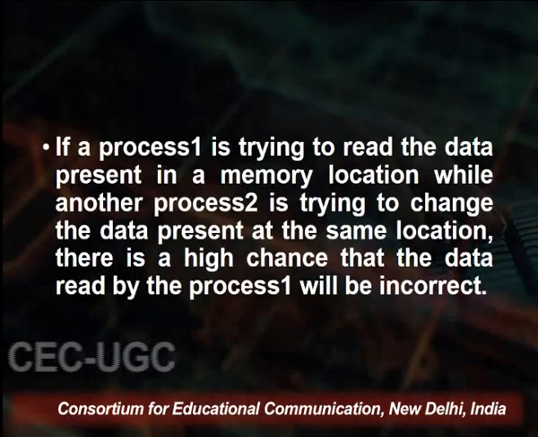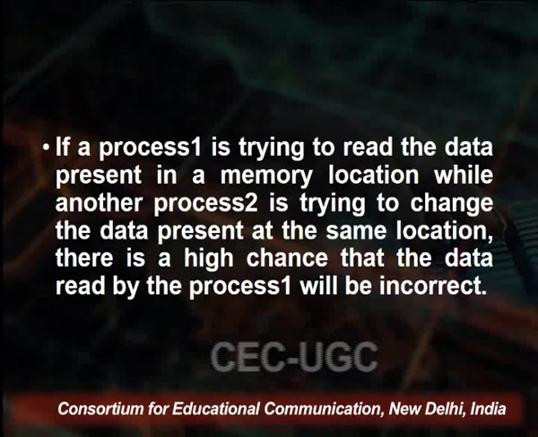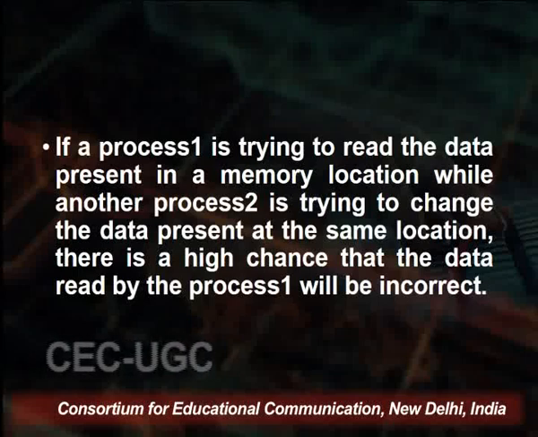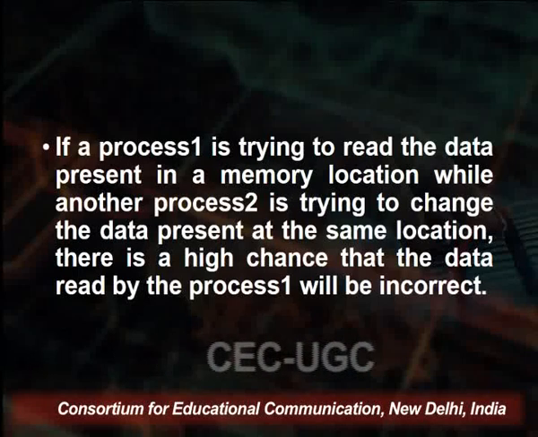So inconsistency of data is going to occur when these processes share a common resource in a system, as we have given the example of a bank account. Basically, what was happening here is that process P1 is trying to read the data which is present in a memory location, while another process P2 is trying to change that particular data present at the same location at the same time.